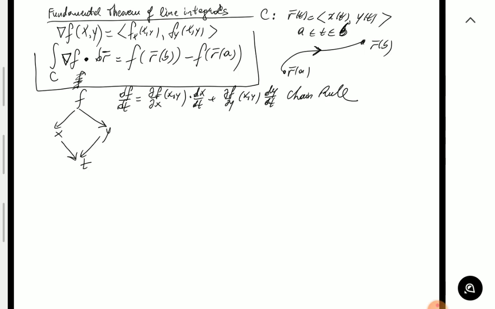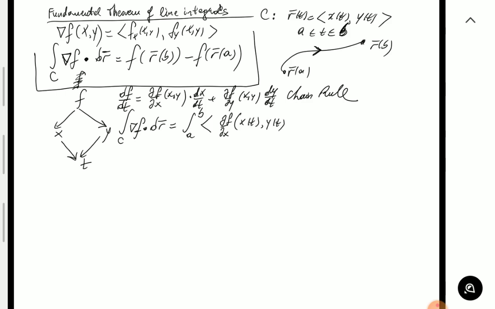And let's see how we evaluate the line integral over the gradient using the typical process we have to do when we evaluate any line integral. What we do is plug the curve into the gradient. So this will be the integral over the parameter domain from a to b of the gradient evaluated at the points on the curve, x of t, y of t.